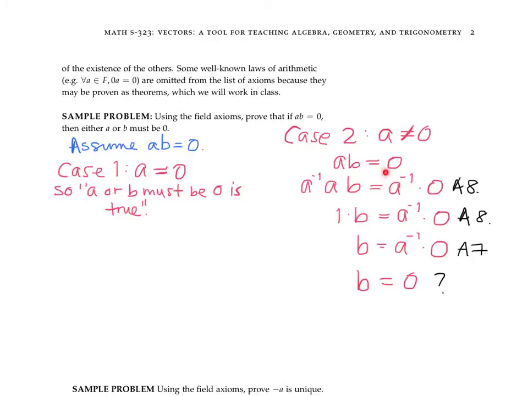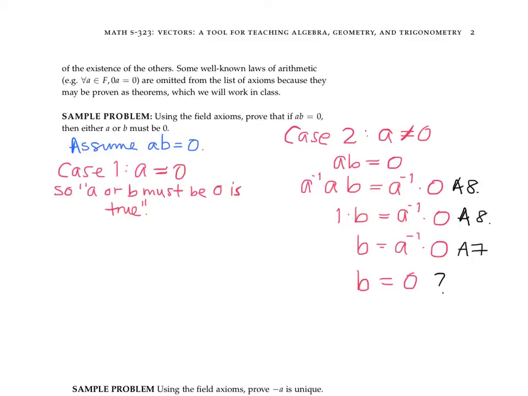Well, we start out with this fact, and we use axiom 8, the existence of a multiplicative inverse, to simplify the left-hand side into 1 times B. That's a multiplicative identity, which gives us B on the right-hand side, and then we have A inverse times 0, which is going to be 0, which again, you guys are going to prove today. And so we have the case where if A is 0, that's true. A or B must be 0 is true. If A is not 0, B must be 0. And so the statement A or B must be 0 is true there as well.